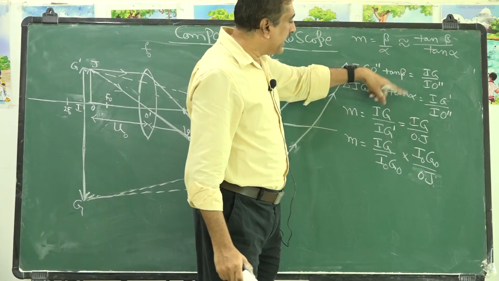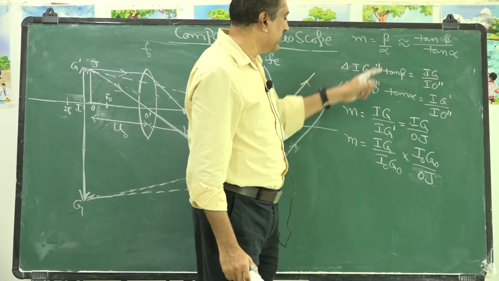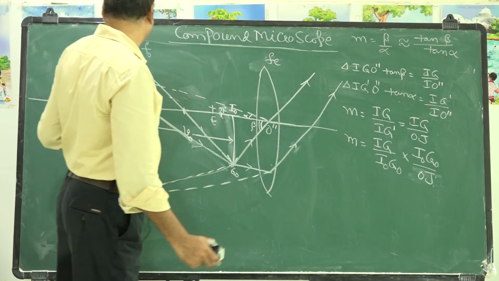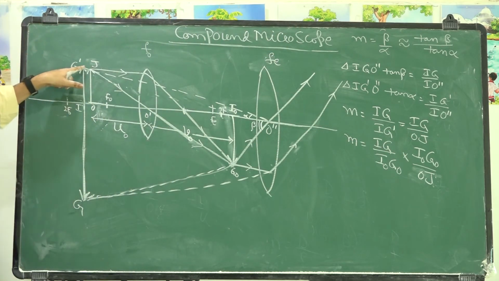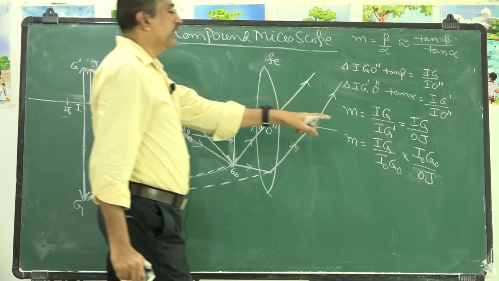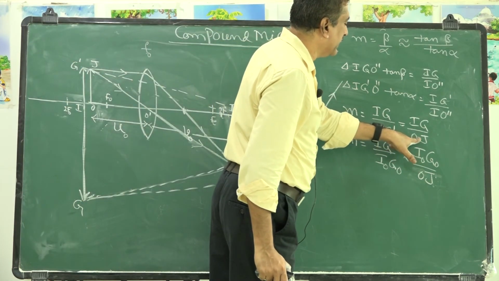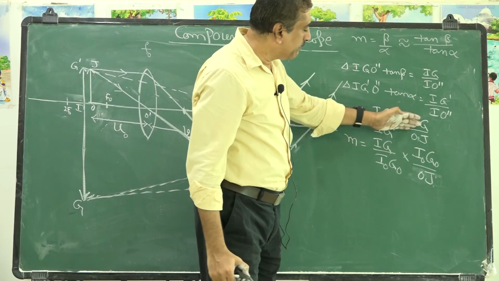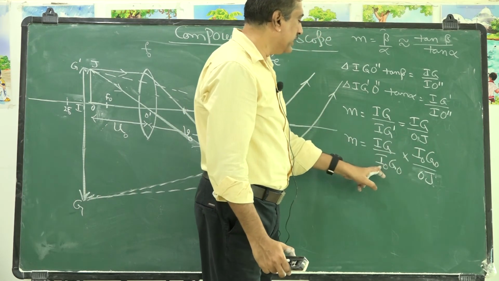So by substituting tan alpha and tan beta in this equation, we get this equation, but IG dash is equal to the height of the object. So we can replace IG dash as object height OJ. Now by dividing and multiplying with I naught G naught, we get this equation.